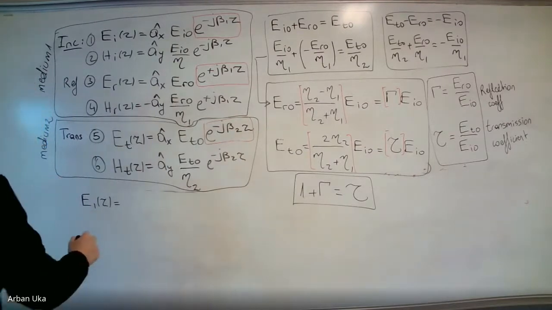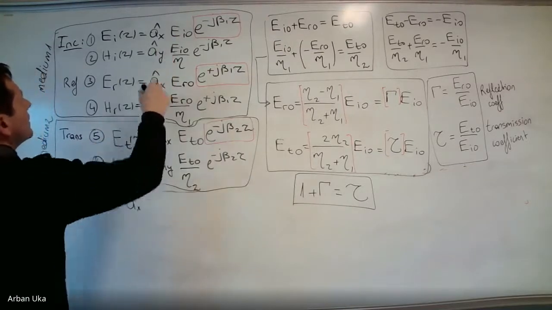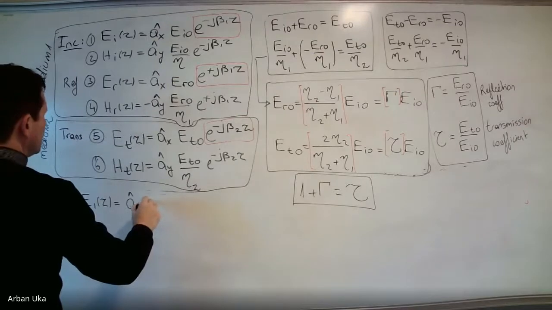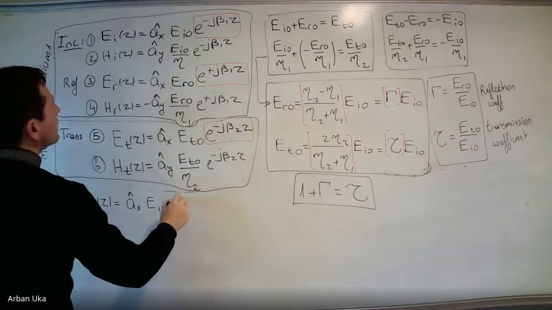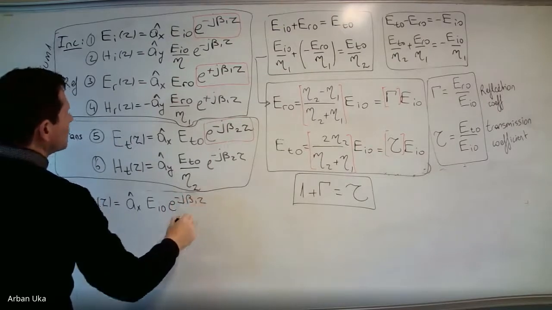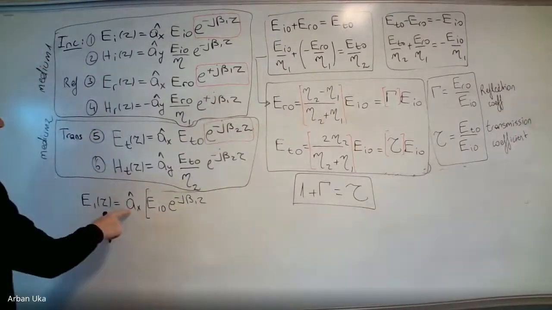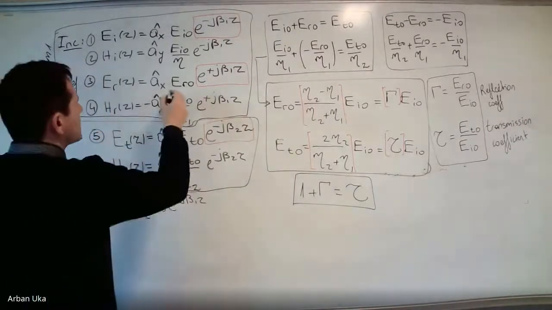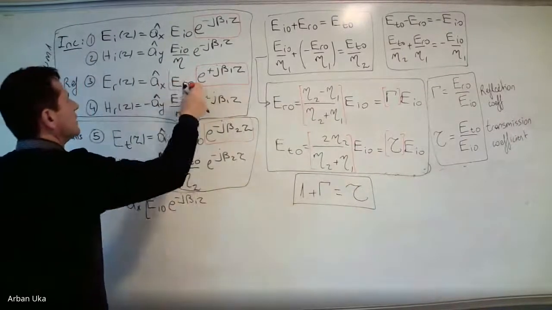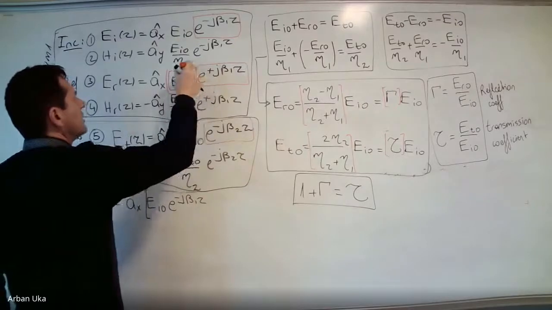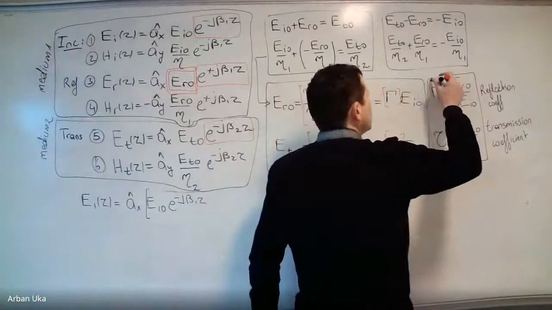This is a_x, then we have EI incident 0, e to the power minus j beta 1 z. So far, all we can factor is just the a_x. What is this component here? Let me use double red lines. Let's get this expression from here.